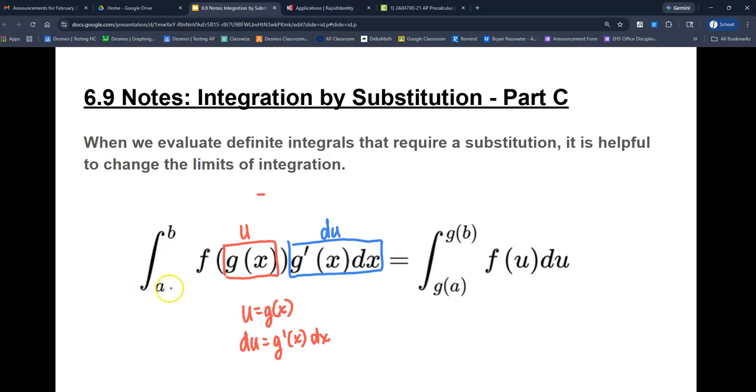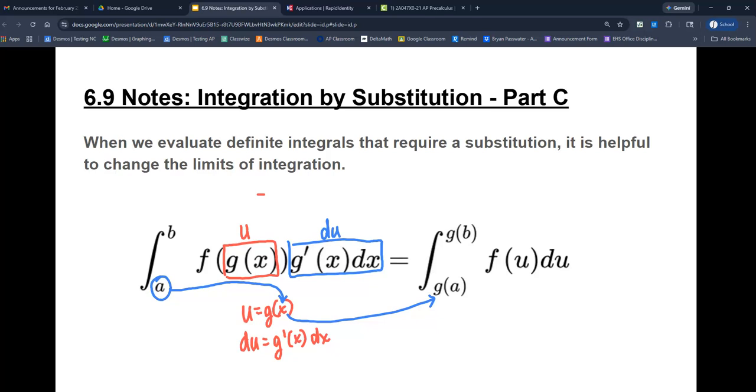So what we can do is take this limit right here, our a, and plug it in right here to g, and then put that here as our lower limit. If you adjust your limits, you don't ever have to go back to x's.